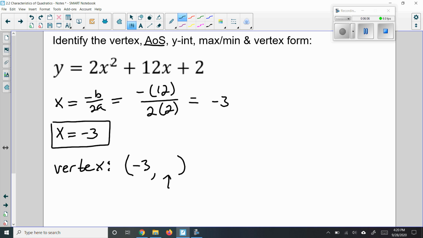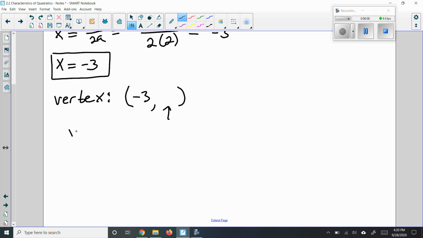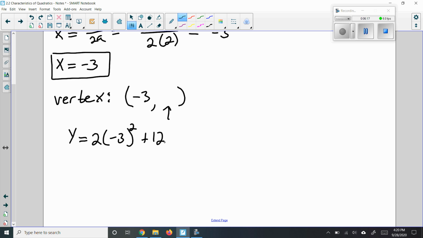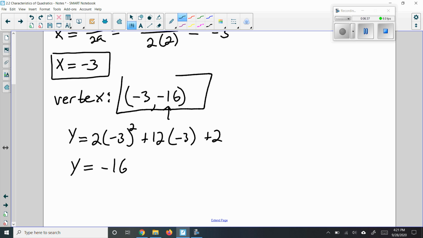So 2 times x squared, plus 12x plus 2. So the y-coordinate is negative 16. So we have a vertex at negative 3, negative 16.